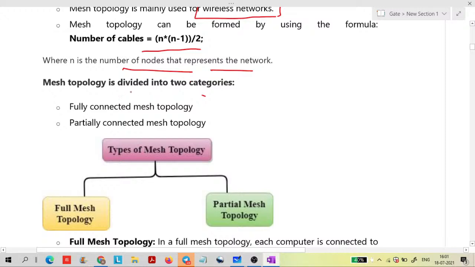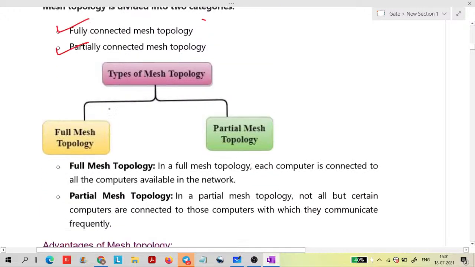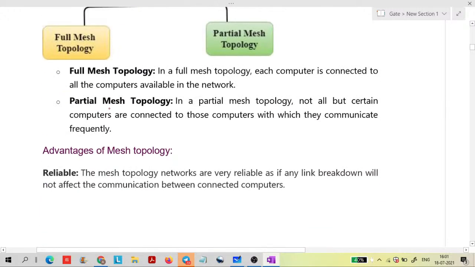Mesh topology is divided into fully connected mesh topology and partially connected mesh topology. Fully connected means each computer is connected to all the computers available in the network.